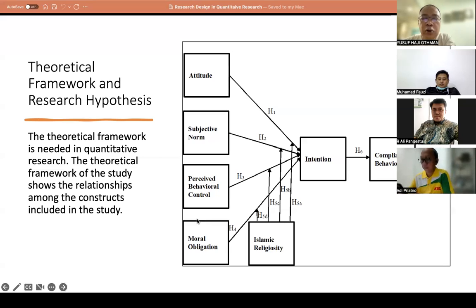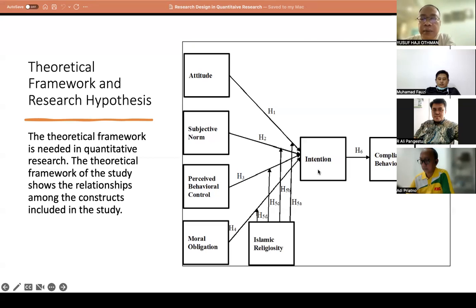And there are two new variables introduced: moral obligation and Islamic religiosity. In this framework, moral obligation is a new independent variable, and Islamic religiosity is used as a moderating variable.